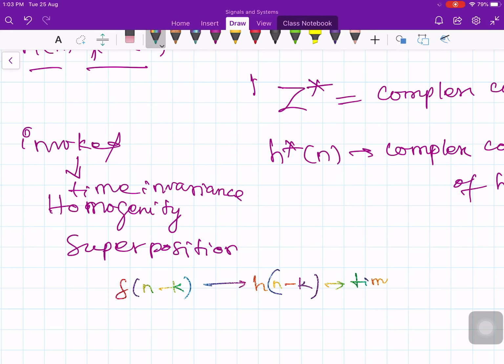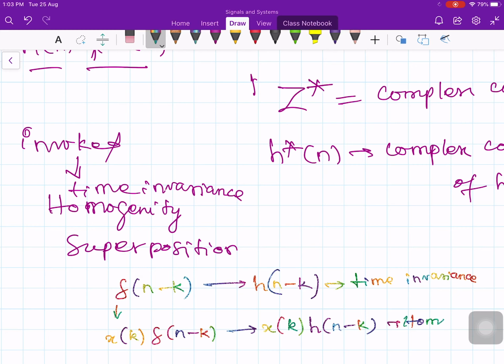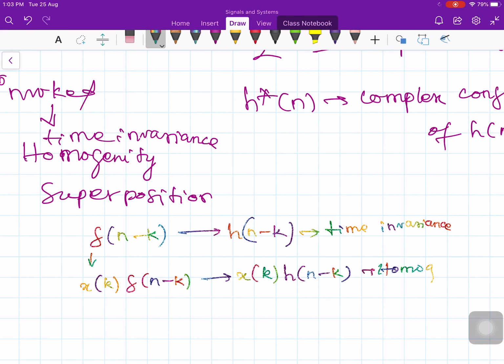And then if this sample is multiplied by some number x of k, delta of n minus k, then the output will also be multiplied by the same number, x of k times h of n minus k. So this is the homogeneity property. And now you add all these samples; if you add, then you put the summation. So that is why superposition comes.